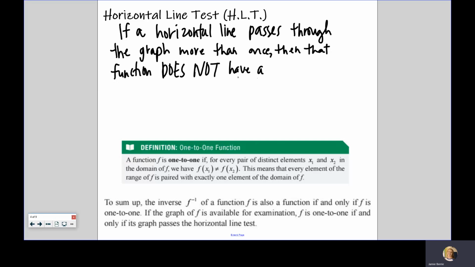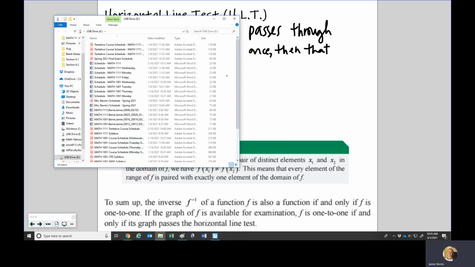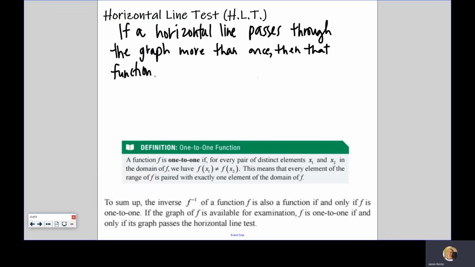Sorry, you guys. I just want to erase this last part and rephrase it so that it makes sense. If the horizontal line passes through the graph more than once, then that function is not one-to-one. So that function is not what we call one-to-one.